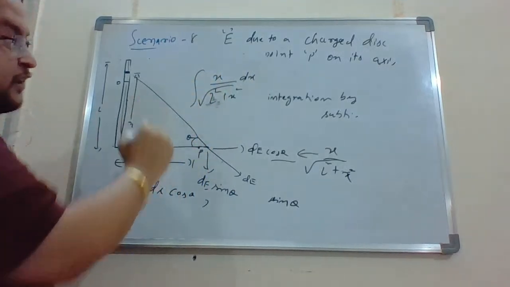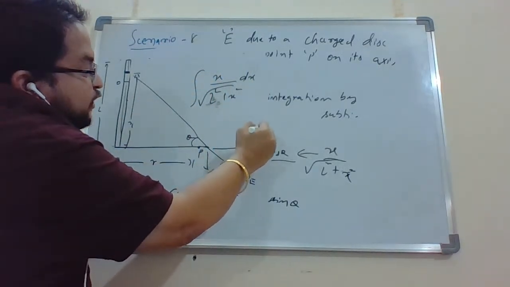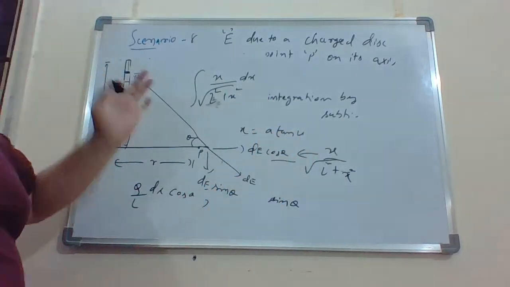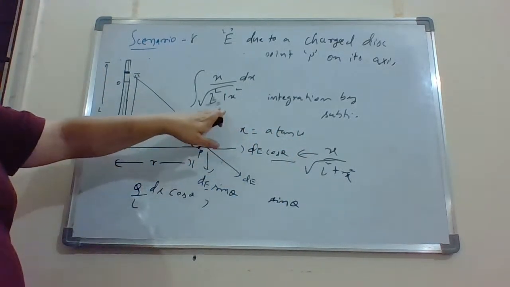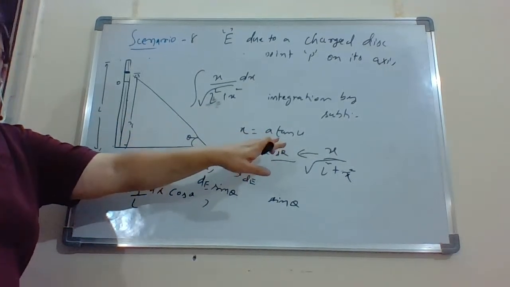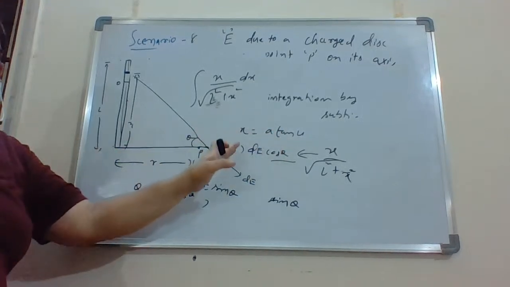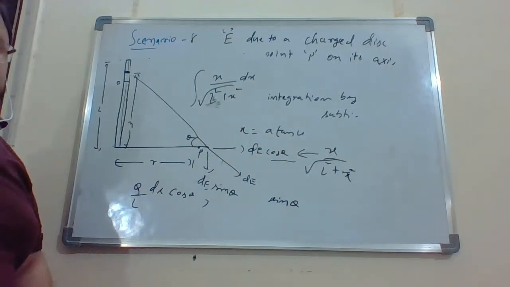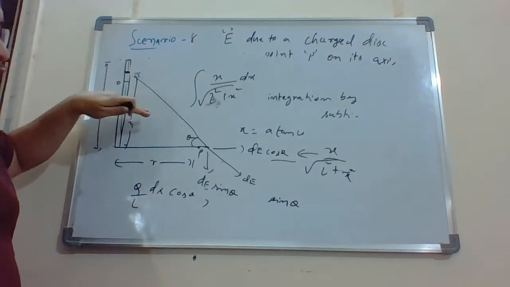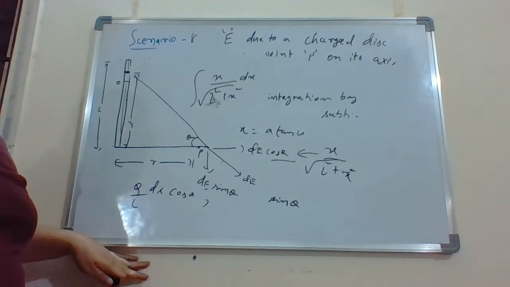So here you would have to put x equals L tan u, and then solve it. That is why I'm saying that I would leave it for you guys to understand those things from integration, and then just solve it, and you can get the answer. But from the physics and modeling side, this is the step-by-step thing that we need to do.